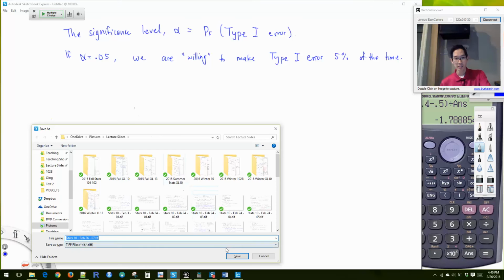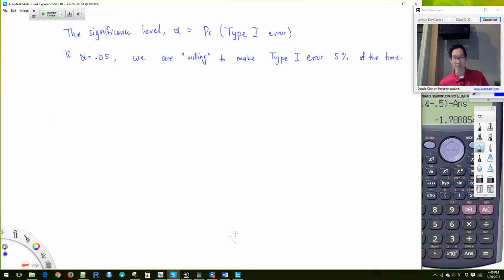And you might say, well, I don't want to make mistakes. I should use alpha 1% or alpha 1 in 1,000. Well, you can't have it all. If you decrease alpha, you will be rejecting the null hypothesis less often, which means inherently you are now increasing your risk of a type 2 error.